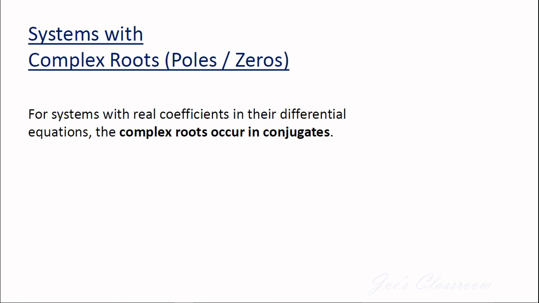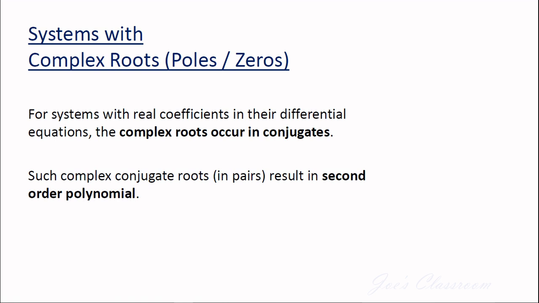Since we are going to have differential equations with real coefficients for LTI systems, we also will have the complex roots as conjugates. This is an important point to note.